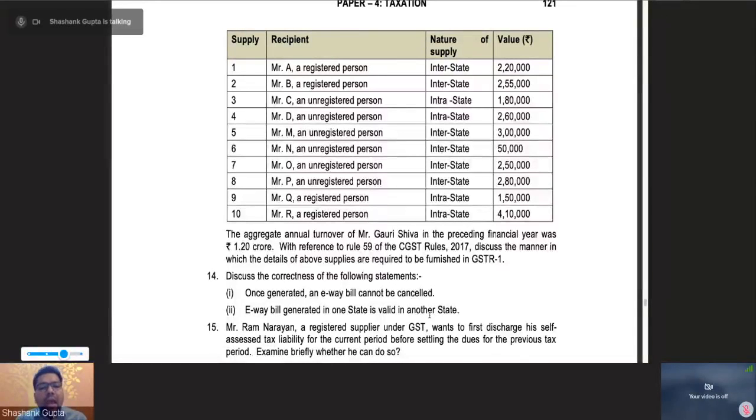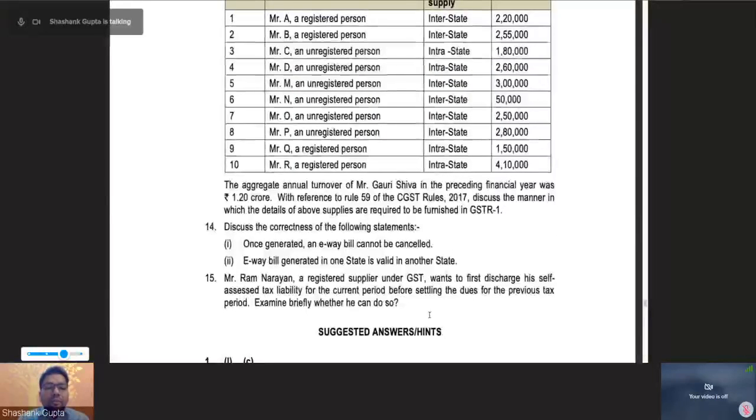Mr. P, an unregistered person, interstate supply, value is 2,80,000, invoice-wise detail. Mr. Q, a registered person, invoice-wise detail. Mr. R, a registered person, invoice-wise detail. So, this is what you need to mention for this question.